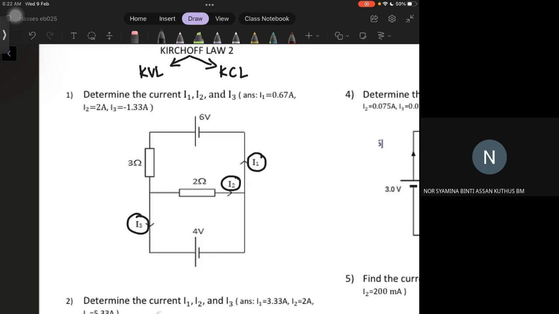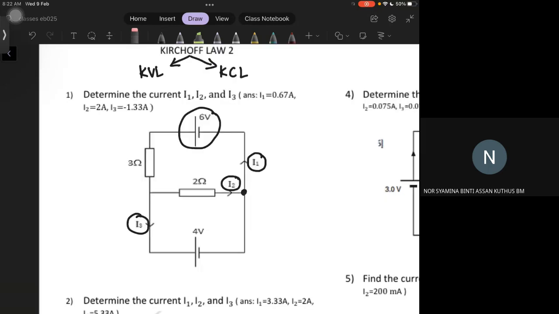Dan juga sekiranya, let's say in the question, your current is not labeled, you can simply choose any node and label your own current lah. Yang penting kena ada current that goes into the node dan current that comes out from the node. But macam mana kita nak pastikan flow of that current, we must look at our voltage source. Okay? Right, itu sekiranya tidak diberi.